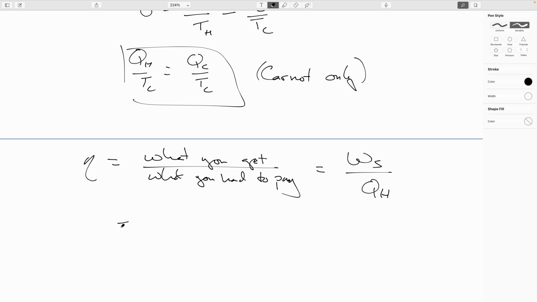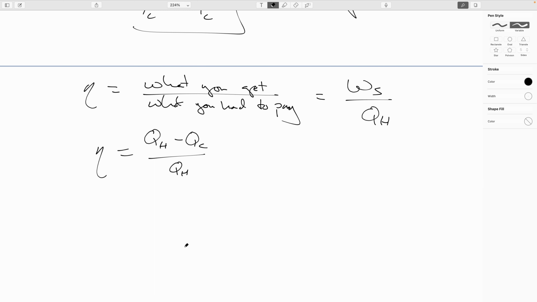Now, for any engine, the work you get out of it will be equal to Q hot minus Q cold by the first law. So this will be divided by Q hot. So for any engine, we can say the efficiency is 1 minus Q cold over Q hot.